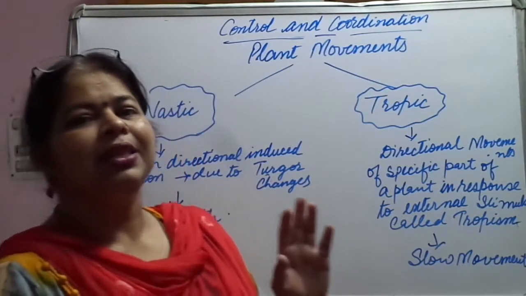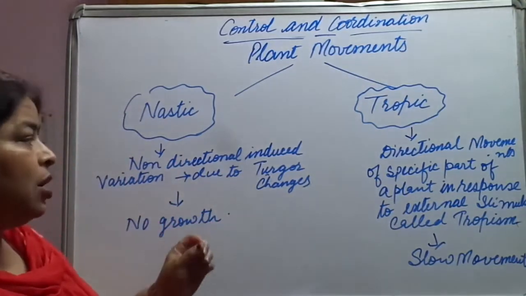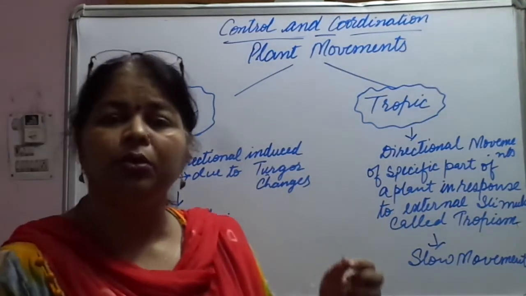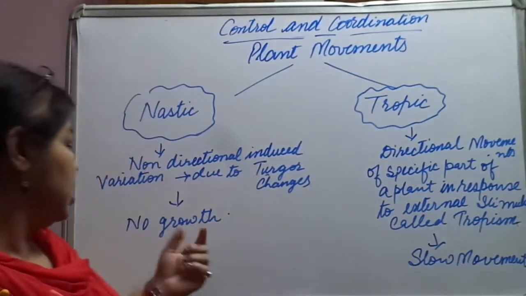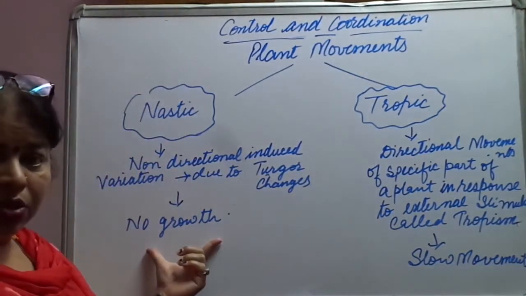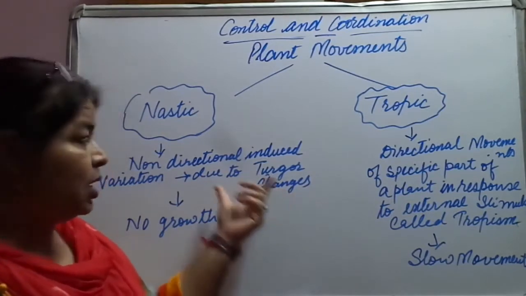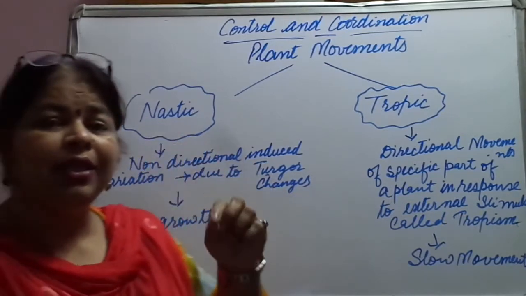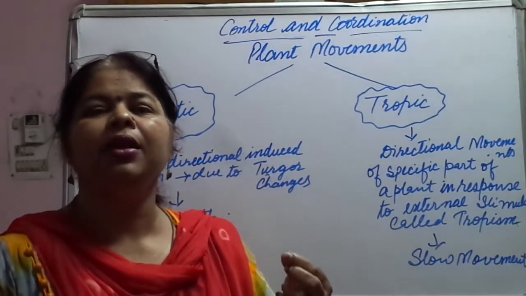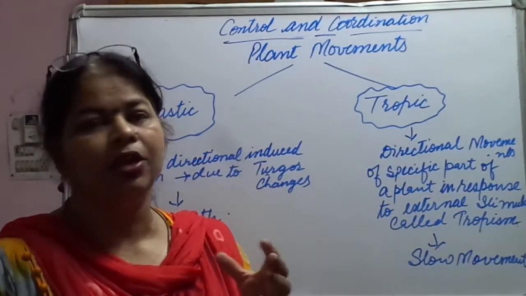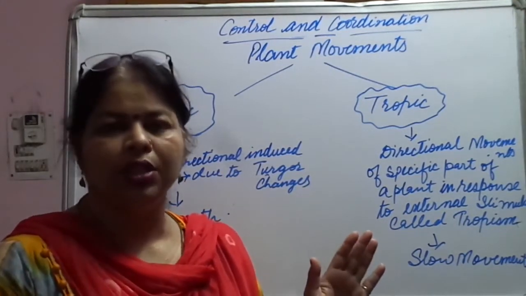So we say that such changes are not supporting growth in the plant. Okay, no growth is taking place. So here you need to remember the turgor changes, the nastic movements, and they are not dependent on growth. They are not creating any kind of growth in the plant.